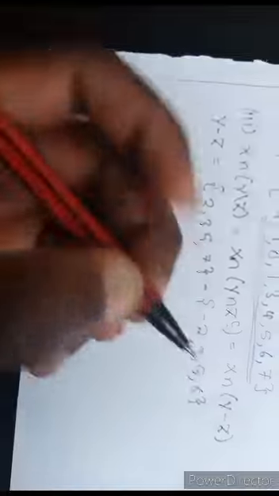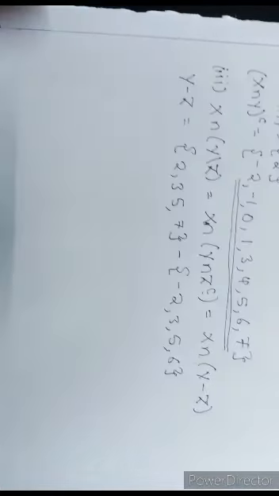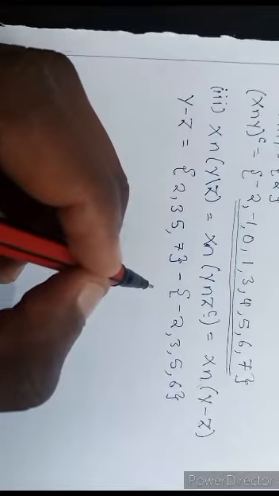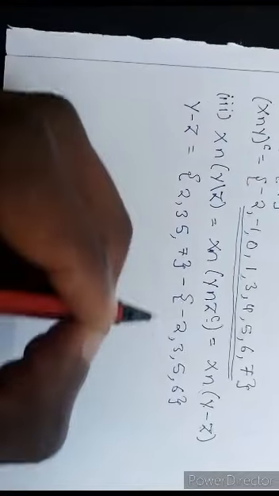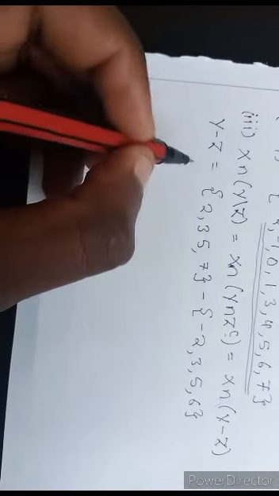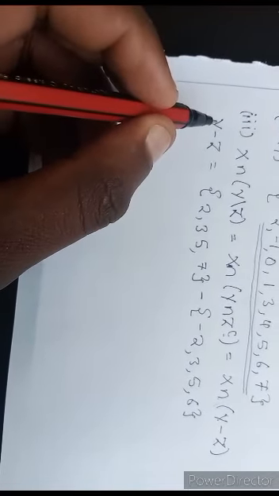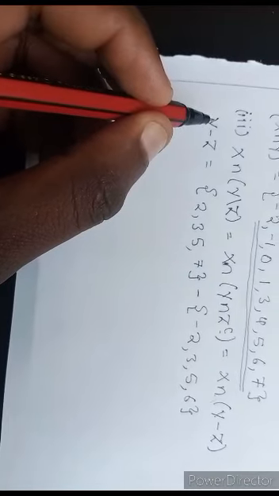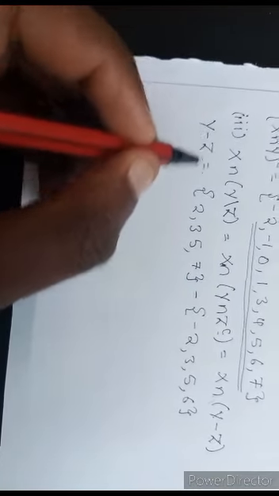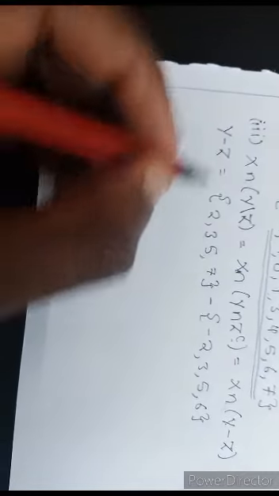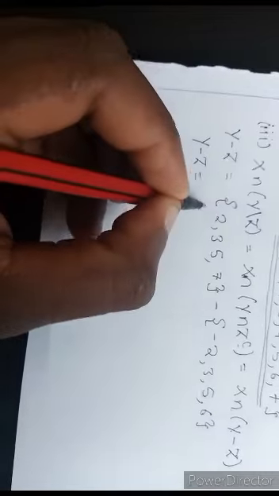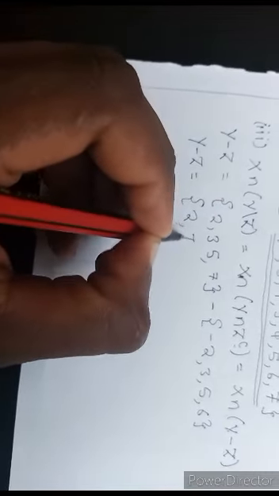If you don't understand what is being done here, refer to the previous video which I made, where I explained this. When you see something like y slash z, they are simply asking you to subtract z from y. So y minus z in this case will be equal to 2 comma 7.